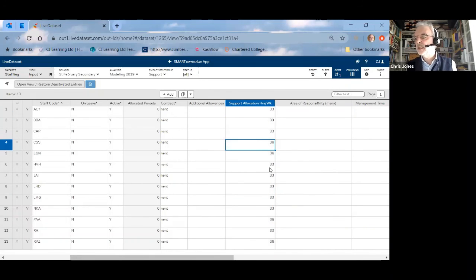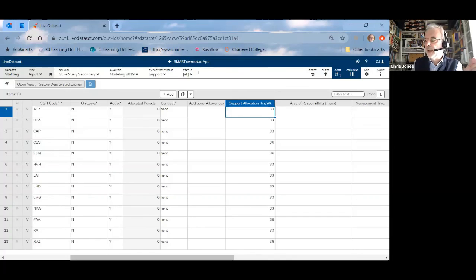Now, this is an independent figure. The other thing we'll be looking at soon is how much of a proportion of the main hours, how much of your base hours, so what's your contract hour for the week. If it is 37.5, which is fairly standard, then obviously 33 is a proportion of that, and that's what they're employed for.